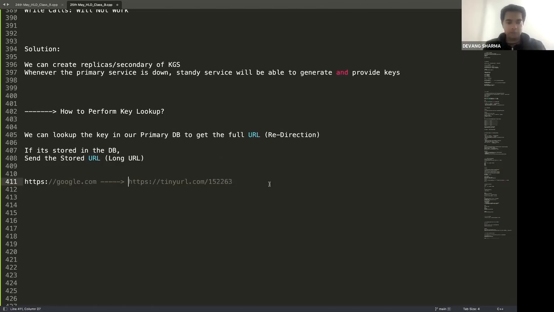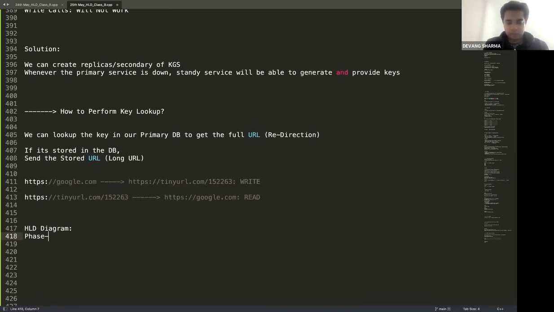Now, when you go for this part, this is your write part. Once you go to this part, and this will go back to google.com, this is the read part. Okay. Now we are good to talk about phase 3 with the replica.